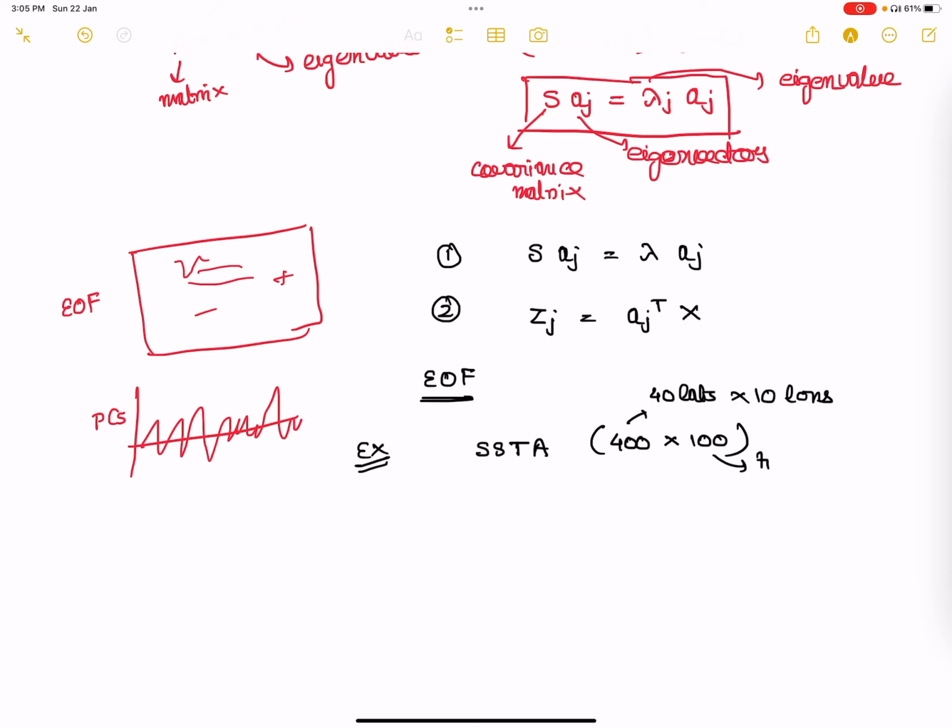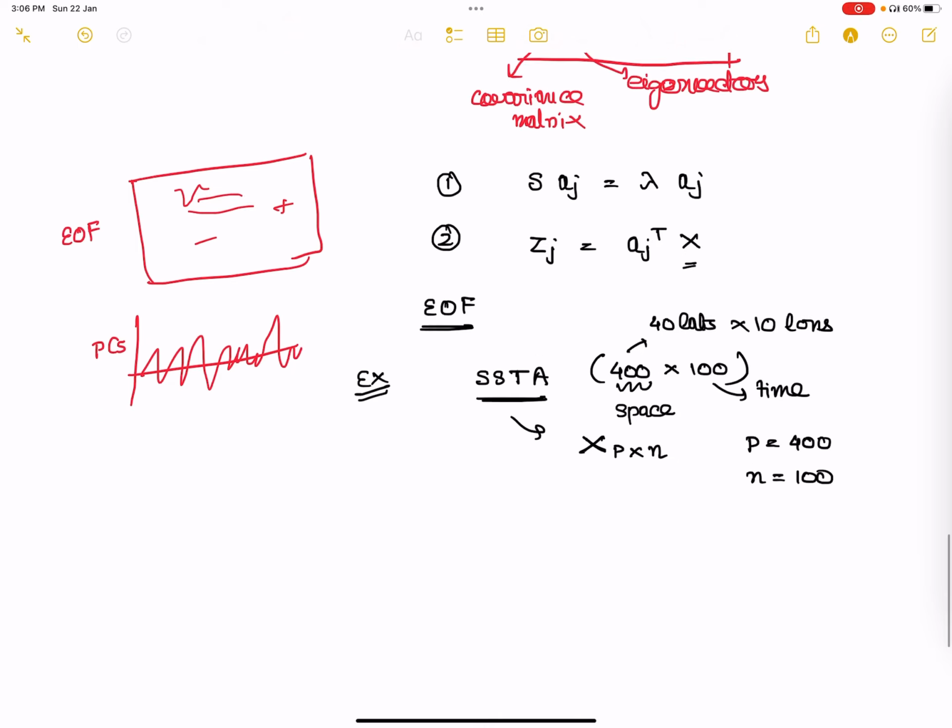This is the time. So this is the space dimension and 100 is the time dimension. This is equivalent to our X, which is P by N. So P is 400, N is 100.